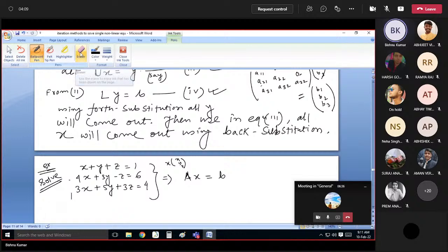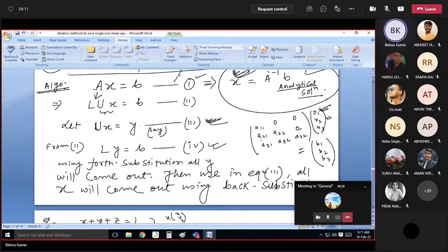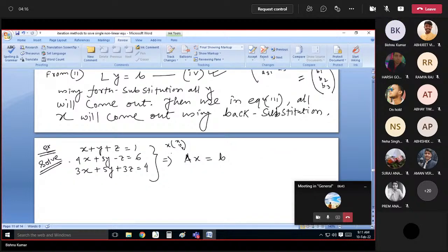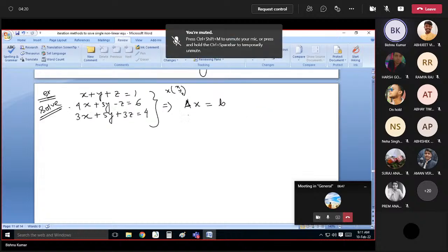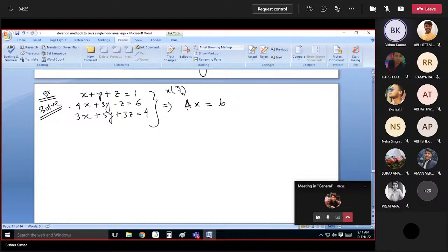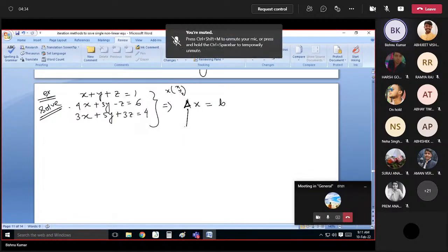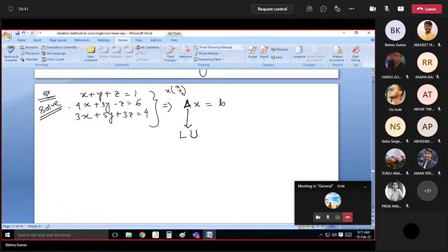Now I told you your main work is to separate that A matrix into two matrices L and U. What is the dimension of the coefficient matrix here? A is a 3 by 3 matrix, isn't it? Yes, sir.